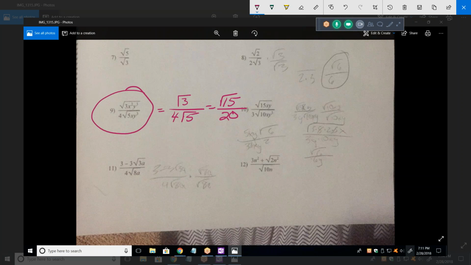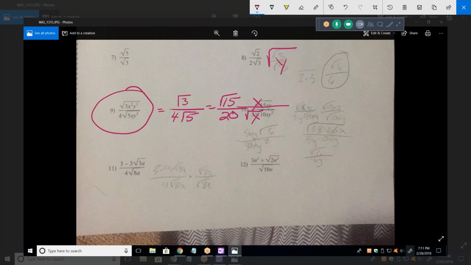Okay. Now let's do the letter x. What is the square root of x squared? Here's x. Now that's in the numerator. Now the denominator still has a square root of x in it, right? Okay. Now let's do y. What's the numerator? Square root of y. Okay, here's how you do these.